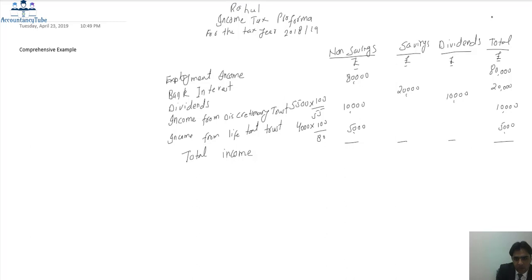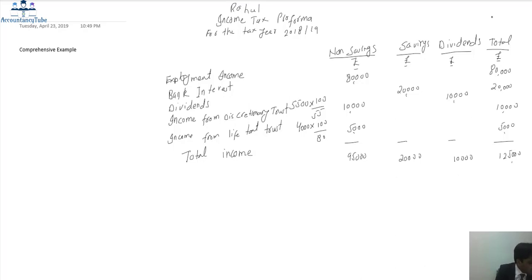So 80, 90, 95, £95,000 in non-savings, £20,000 in the savings income, £10,000 in the dividends income, and altogether, if we see, £125,000. £125,000 is the total income.